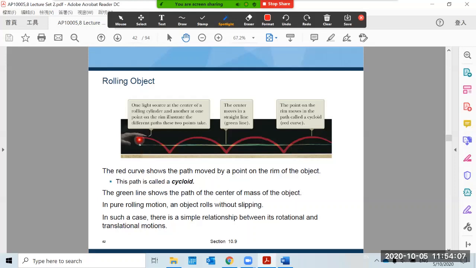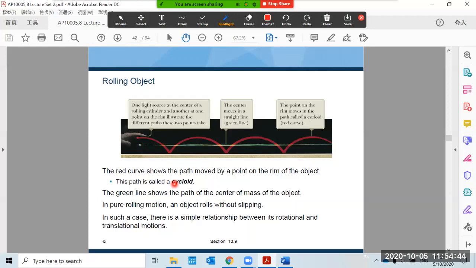Because the cylinder surface is rotating, the point on the surface would from time to time move downward and then upward again. During this time, the center of mass of the cylinder would be moving forward. So it is not just moving downward and upward, but forward as well. It would map out a path that we call a cycloid.